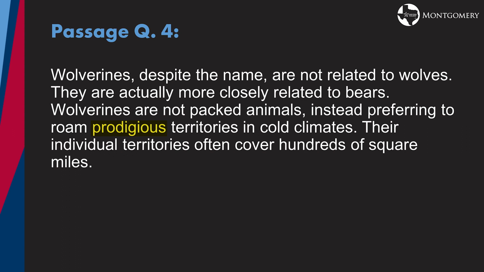If we look at our next sentence, their individual territories often cover hundreds of square miles. Prodigious in this case is used as an adjective, modifying the noun territories. In the last sentence, the individual territories often cover hundreds of square miles, so we're looking for a word that's going to describe size. In our next slide, we're going to be looking for any word that's talking about size.